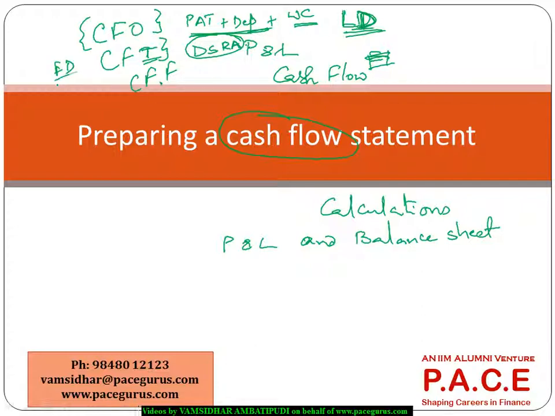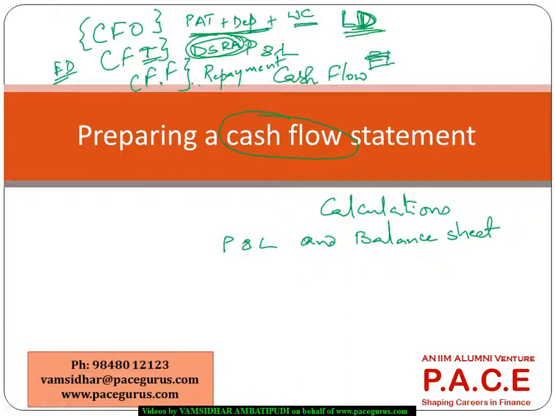This FD may fetch some kind of return. That is why I call that kind of account a DSRA account, which I treat as the cash flow from the investment activity. And anything to do with the loan repayment is what comes out as the cash flow from financing activity.